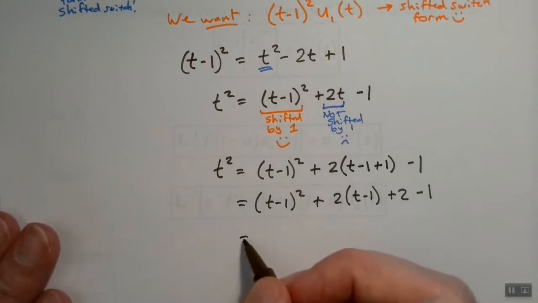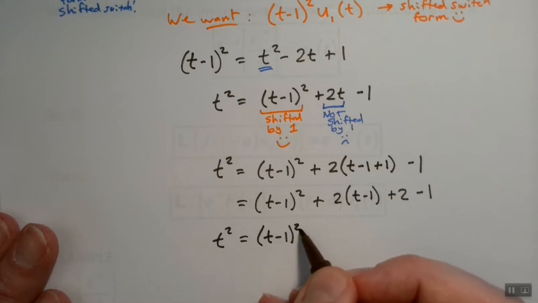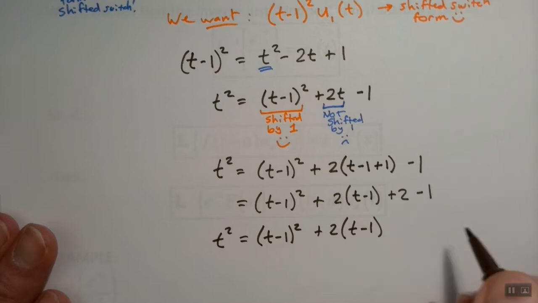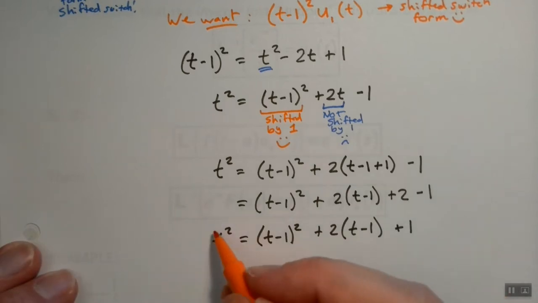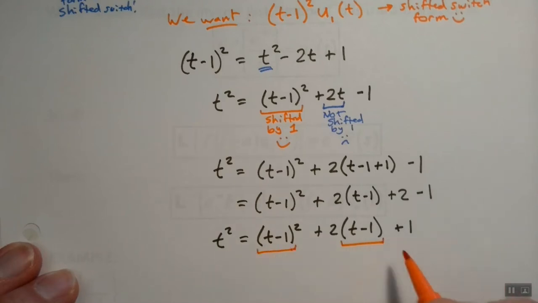Or t squared is equivalent to (t minus 1) quantity squared plus 2 times (t minus 1) plus 1. Now, what I've just done is I've rewritten my original function that was not shifted in terms of two chunks that are shifted by exactly the amount that I want.